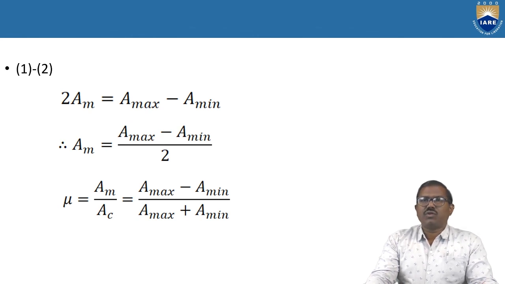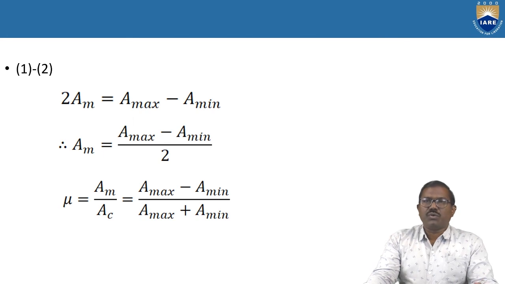Therefore, Am is equal to (A max minus A minimum) by 2. So finally, you substitute in the modulation index formula, mu equal to Am by Ac. Then finally, you get mu is equal to (A max minus A minimum) divided by (A max plus A minimum). That is mu. Okay, thank you.